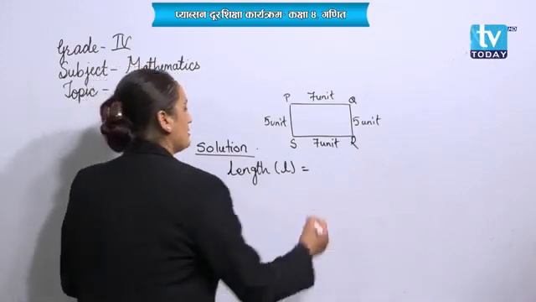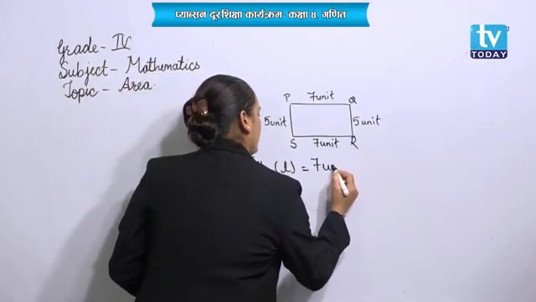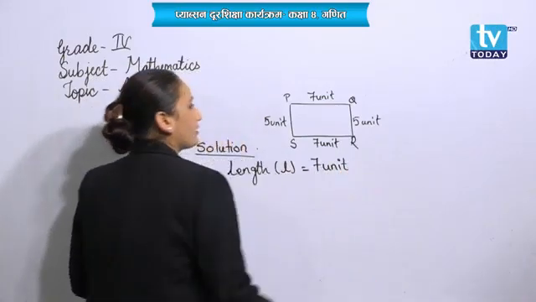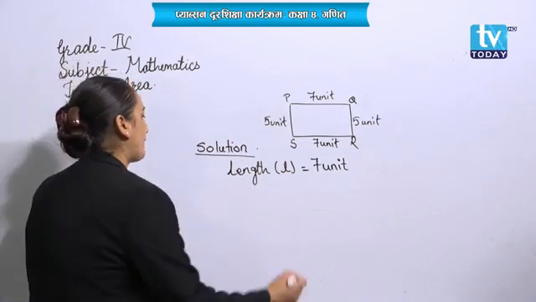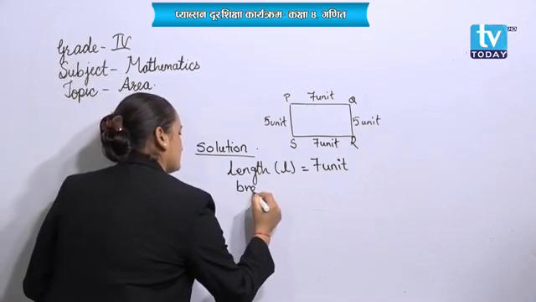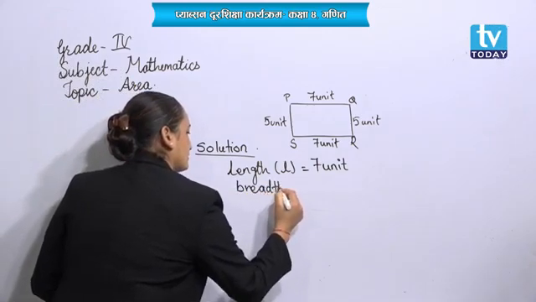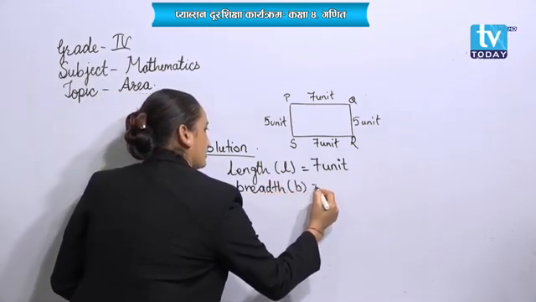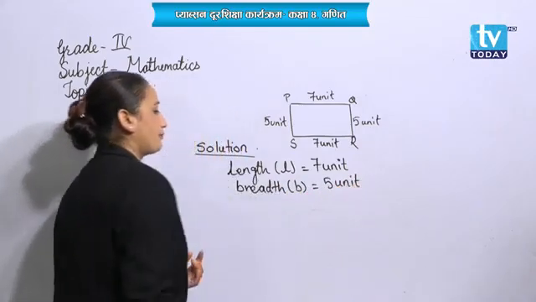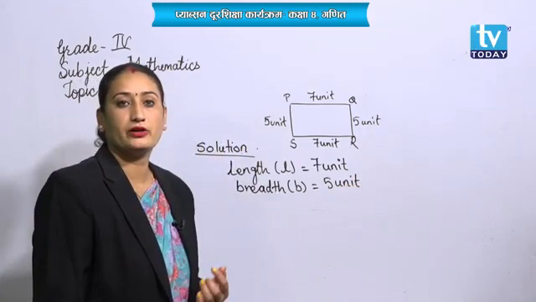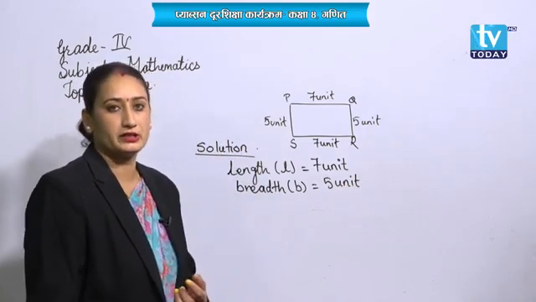Please write down 7 units. Then after, go on writing breadth. Breadth B equals 5 units.